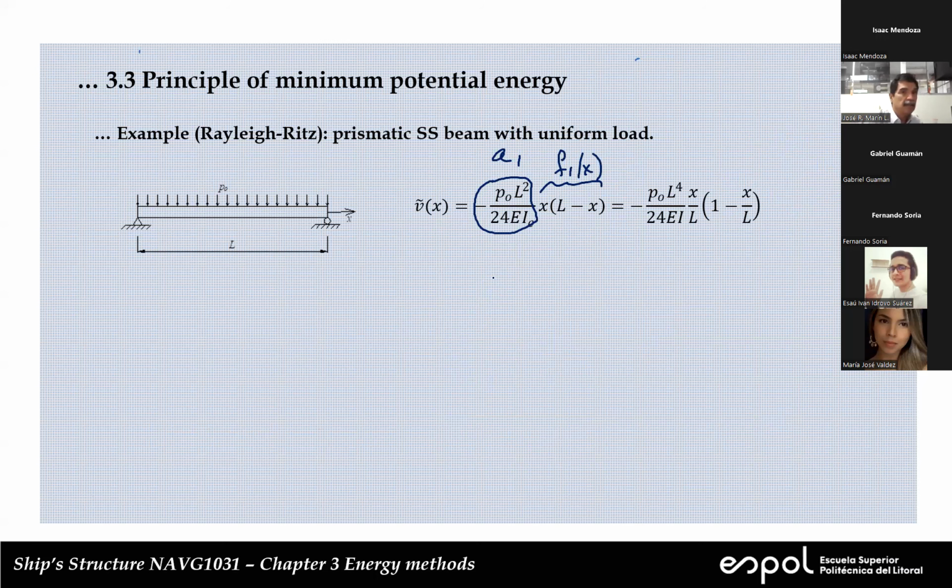From chapter 1, you can obtain the exact solution, okay? And the exact solution is this. This is the exact, that's why I'm using the star here. The star means that this is the exact.